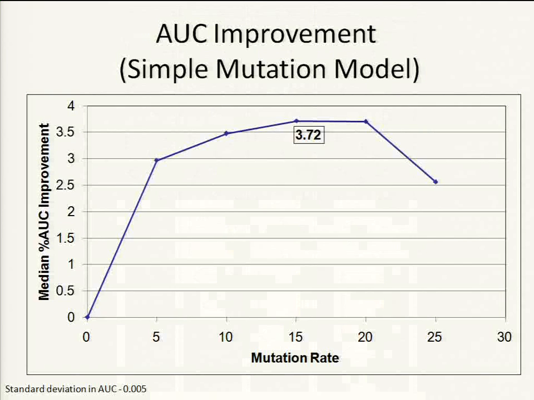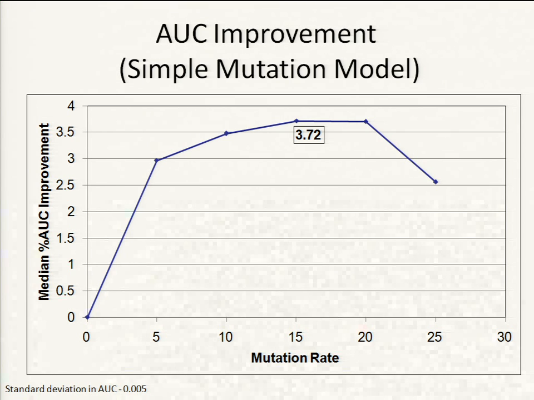And now the results. Here are results for simple mutation, where we are looking at AUC improvement with mutation rate. We see an increase in the median percent AUC and get the best performance of 3.2% at a certain mutation rate.